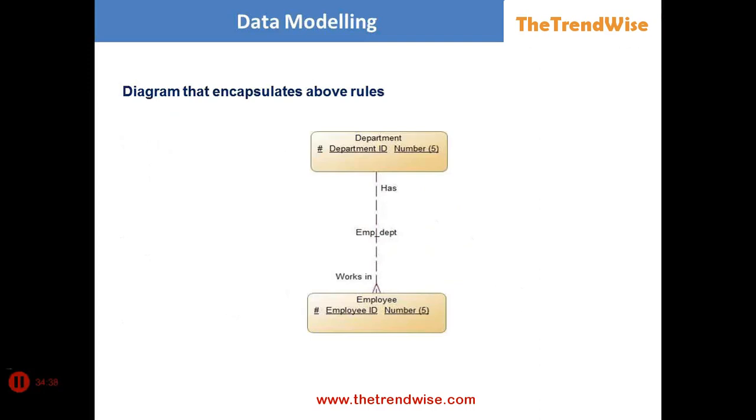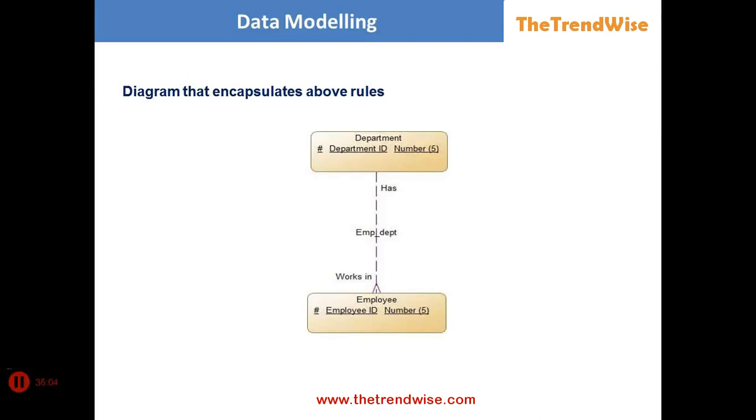So if we have to read out this particular model, it will be read as: department has employees working in it. And then we can even read it from the reverse side. We can say an employee works in one particular department. If we look at the department side, we do not have this triangle there. We have it on the employee side.